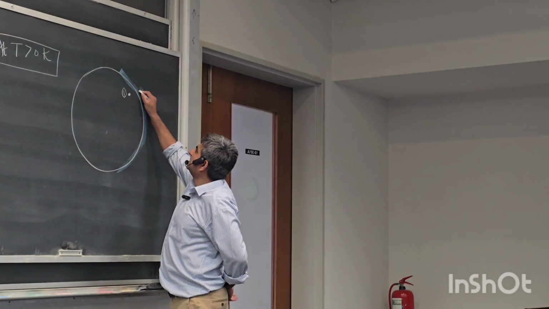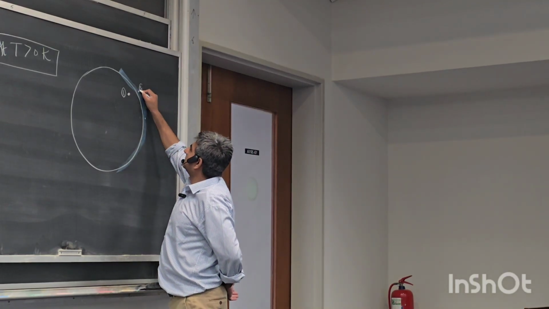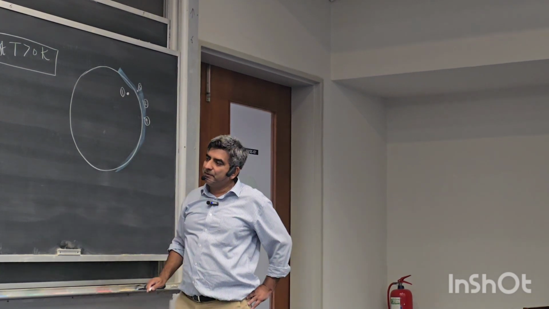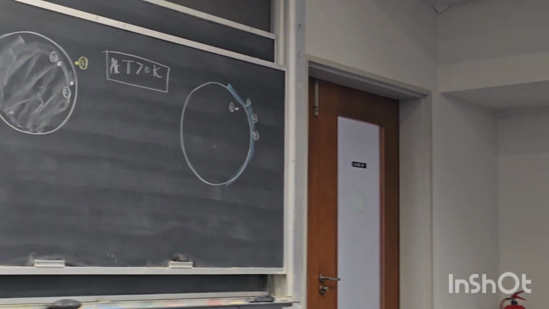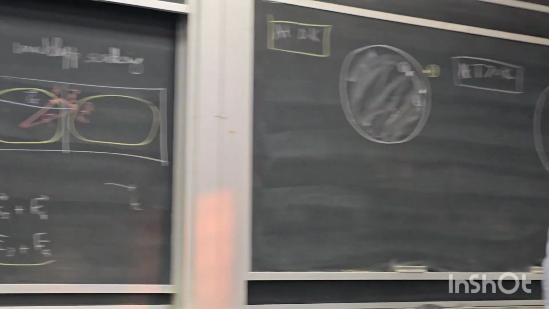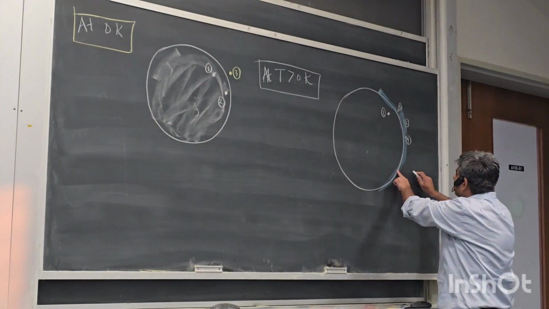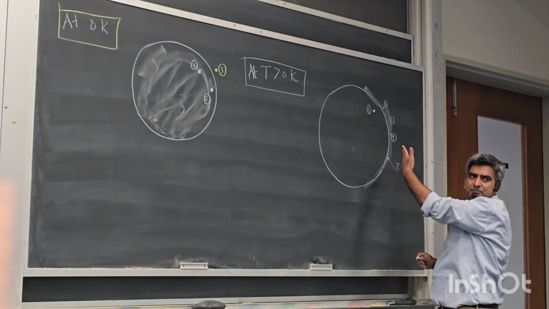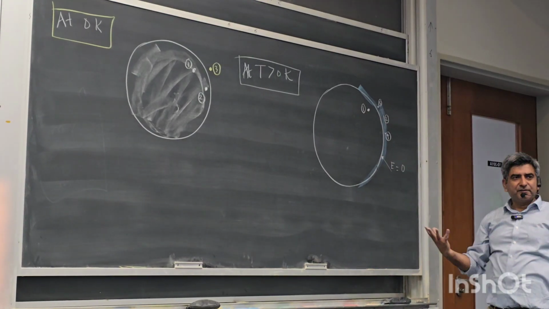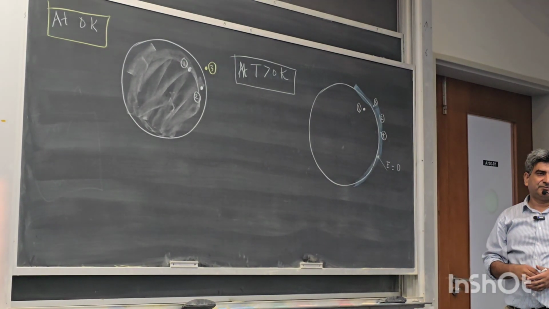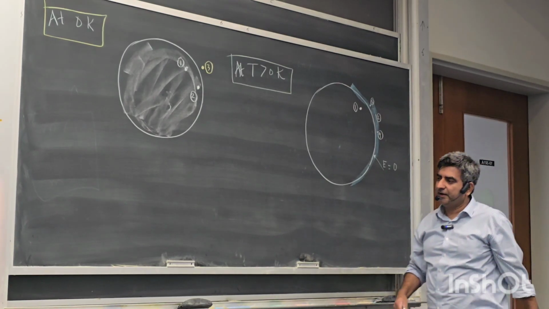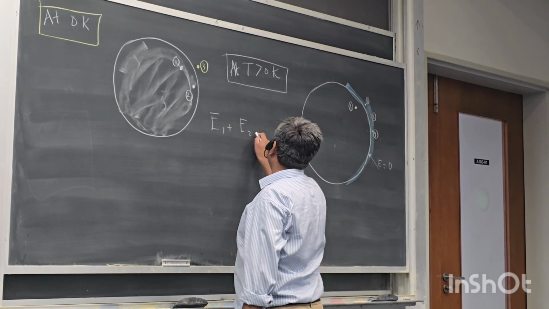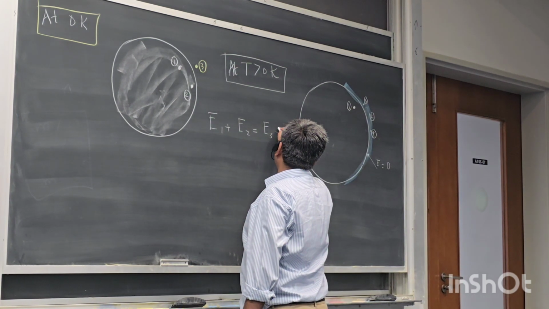Suppose two electrons are created somewhere here, 3 and 4. Now if I were to satisfy this constraint, and I take the Fermi sphere surface as energy E equals 0, suppose the electrons outside have positive energy and the electrons inside have negative energy. Looking at this expression, E1 plus E2 equals E3 plus E4.